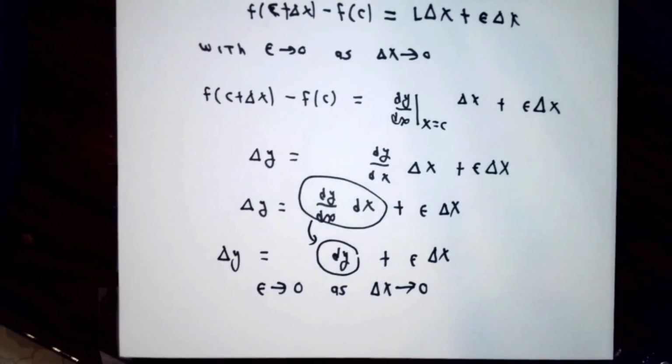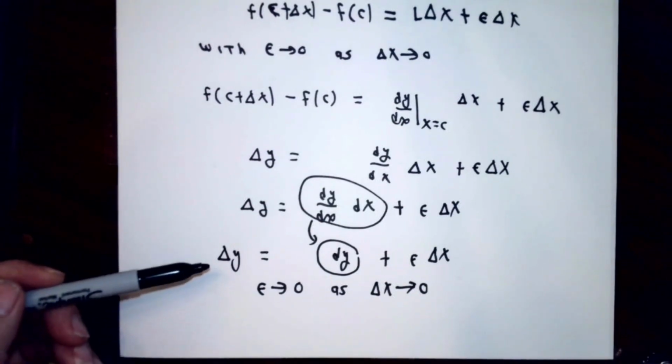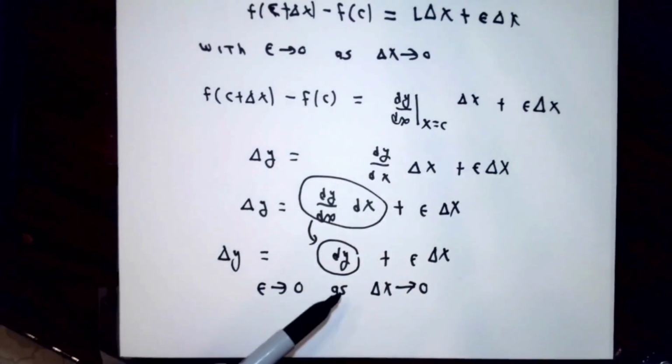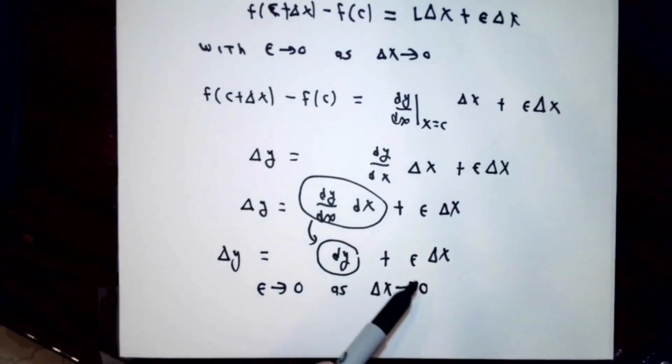We call it dy. So what I mean by a function being differentiable at x equals c can be written this way. It is necessary that delta y equals dy plus some number epsilon times delta x, with the proviso that the epsilon has to go to 0 as delta x tends to 0.